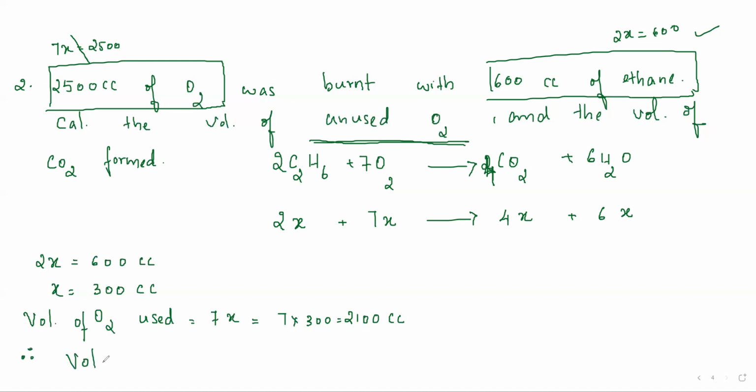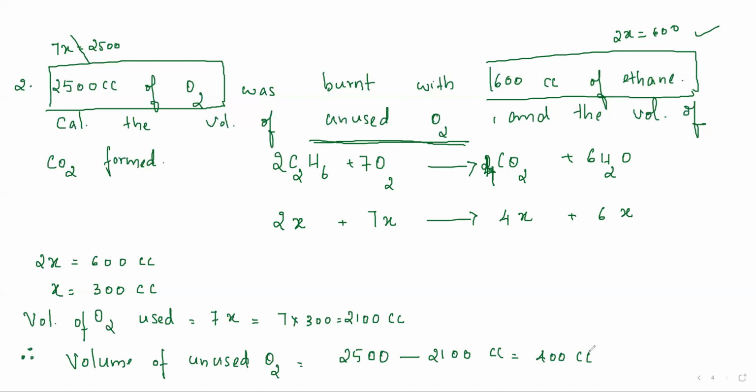Therefore, first answer, volume of unused oxygen is equal to given volume 2,500 minus 2,100 cc, that is 400 cc.